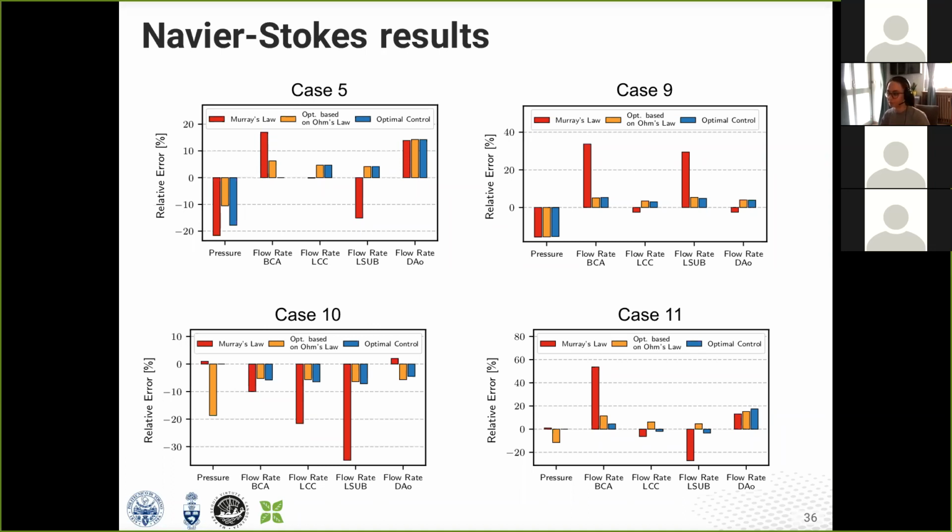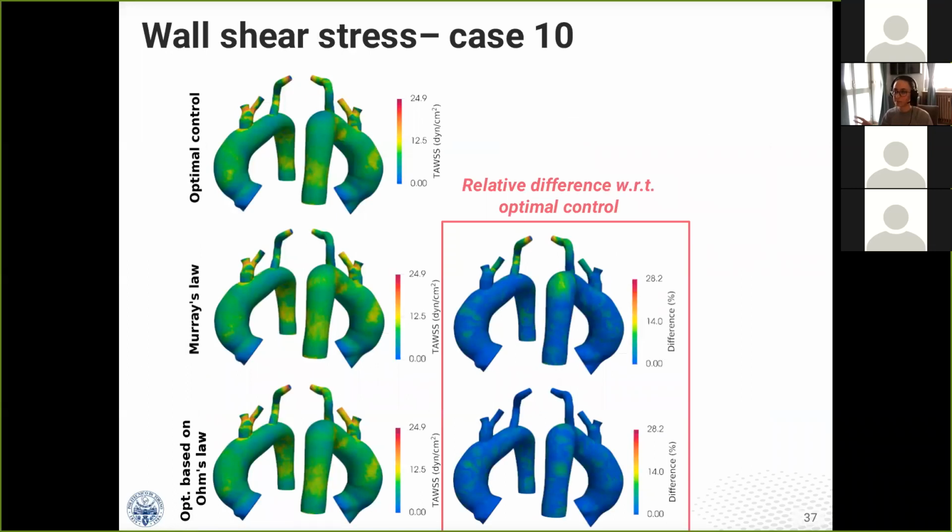And the last results that I want to show you give you an idea of how crucial it is to choose proper boundary conditions when it comes to hemodynamic indicators. So I plotted here for case 10 the wall shear stress that I obtained with the different techniques: optimal control, Murray's law, and optimization based on Ohm's law. Then I took optimal control as the reference, and I plotted here the relative difference with respect to optimal control.